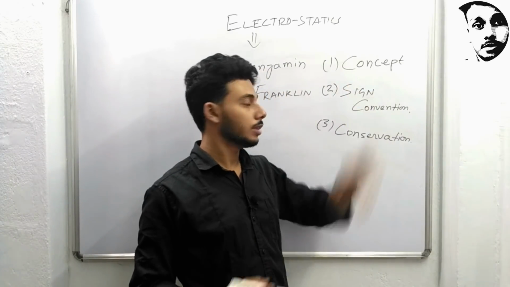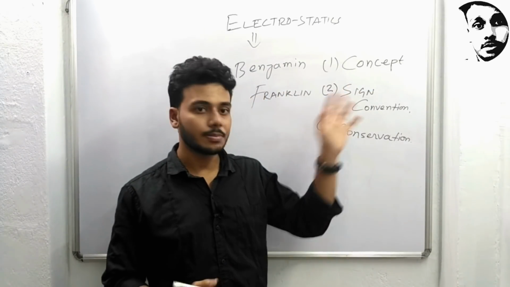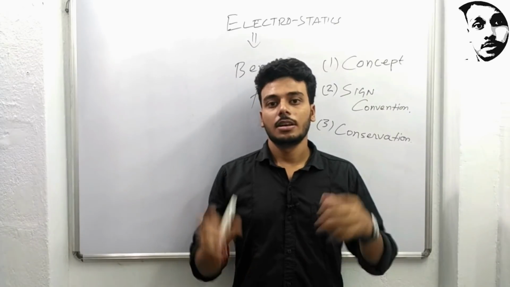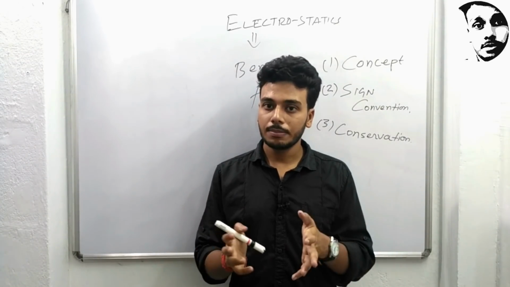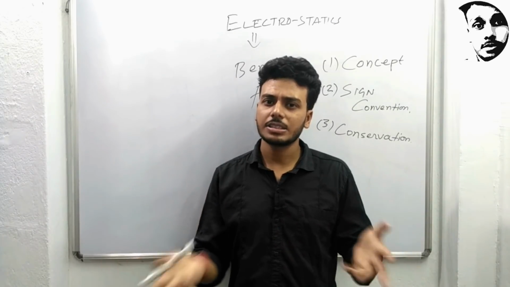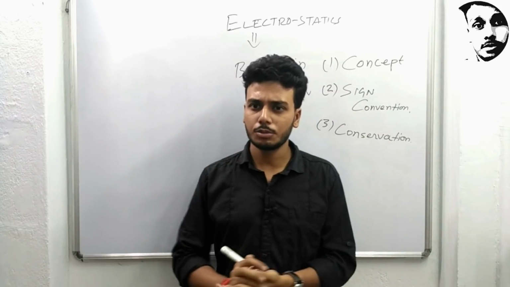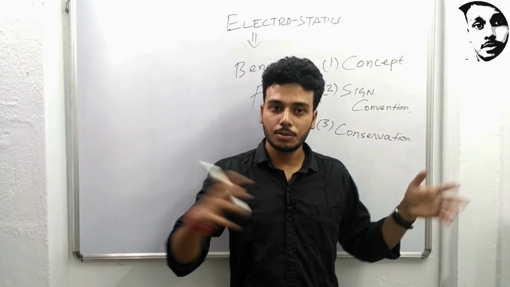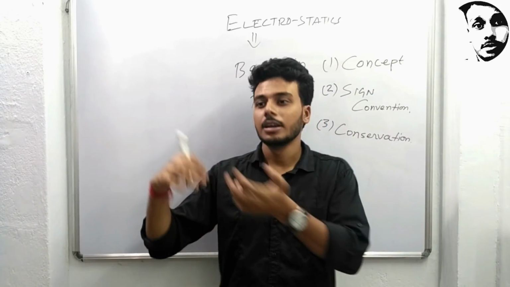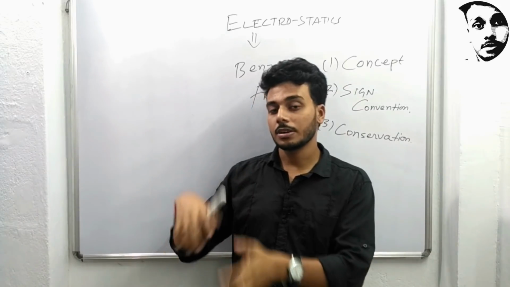In the first point, we talked about how every substance comprises a particular amount of fluid. If you rub them, a charge imbalance, or fluid imbalance, takes place. If some objects have an excess of that fluid, it is considered positive. If some have a deficiency of that fluid, it is considered negative.